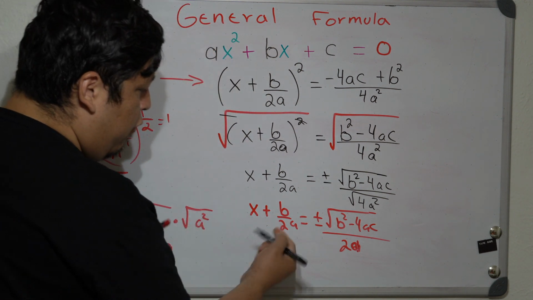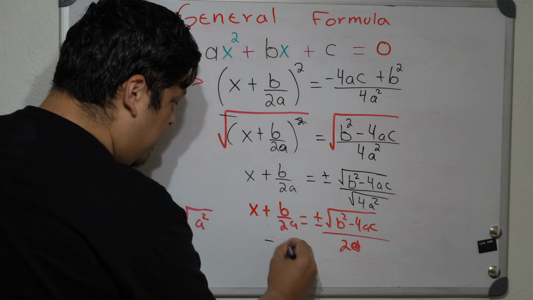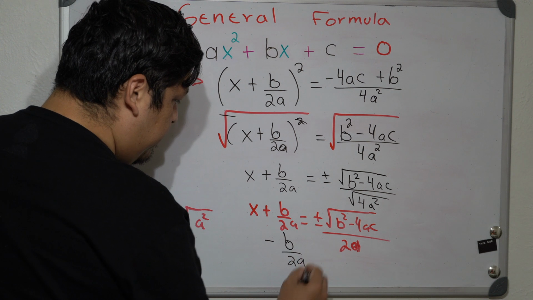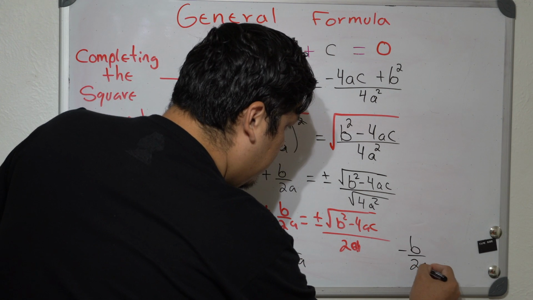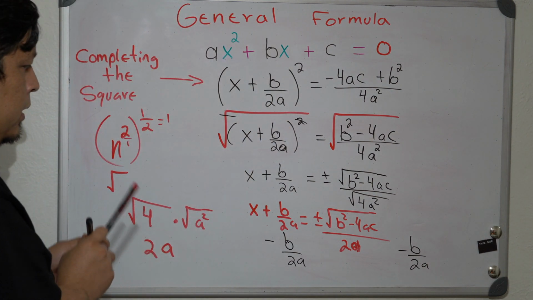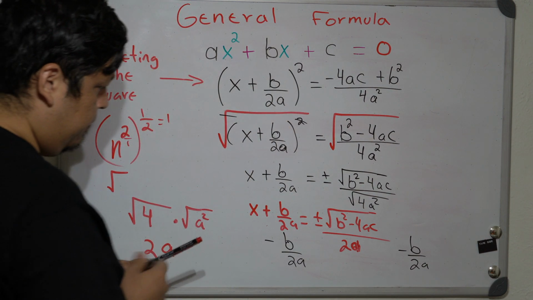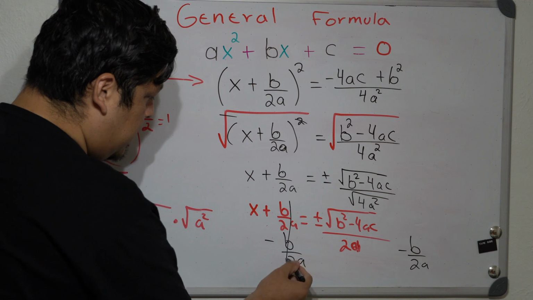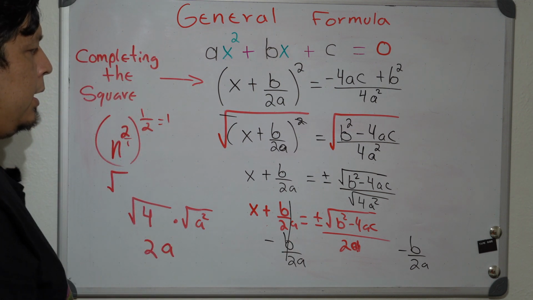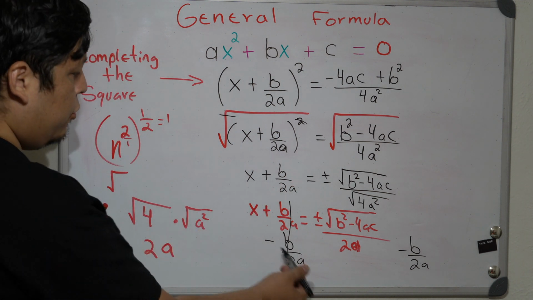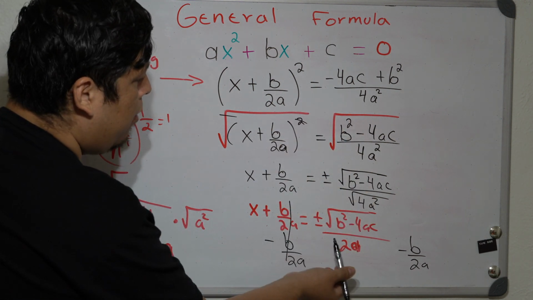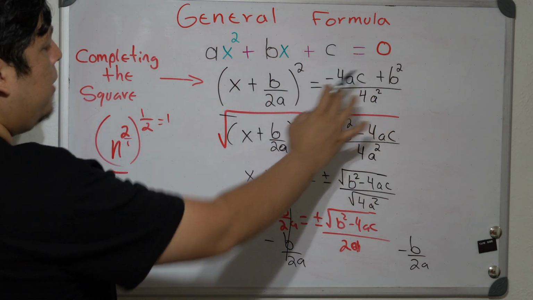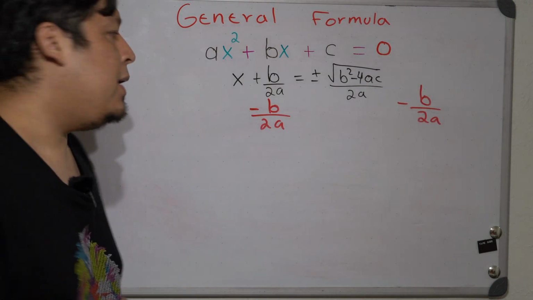Now I'm ready to move this over by subtracting b over 2a. And then this simply crosses out that. I'll clean up a little bit and I'll show you the final step. So I will keep this for visual representation. I'll come back and put it up here. All right, so we're at the last step.